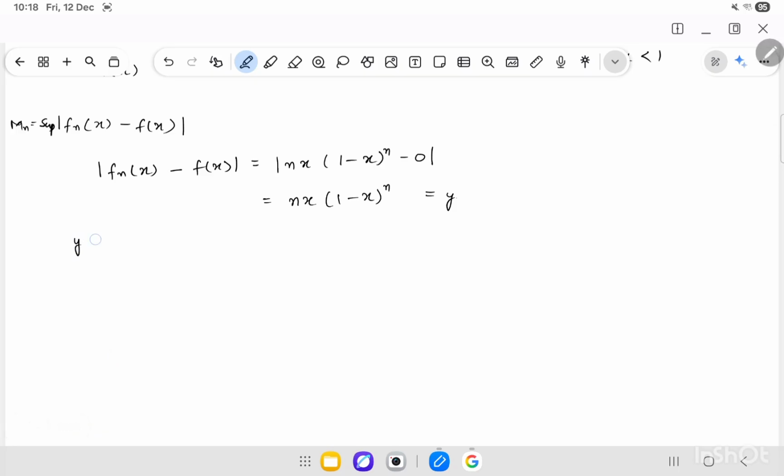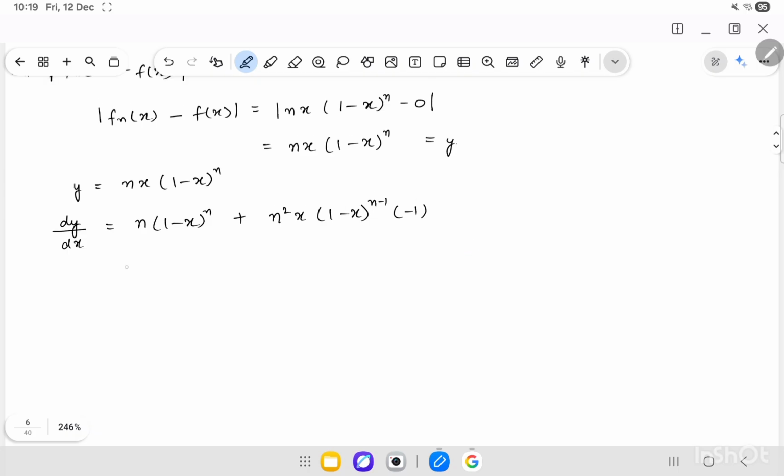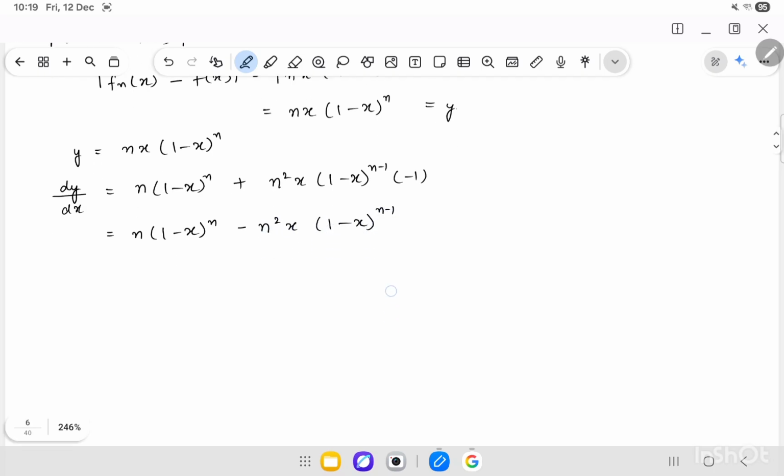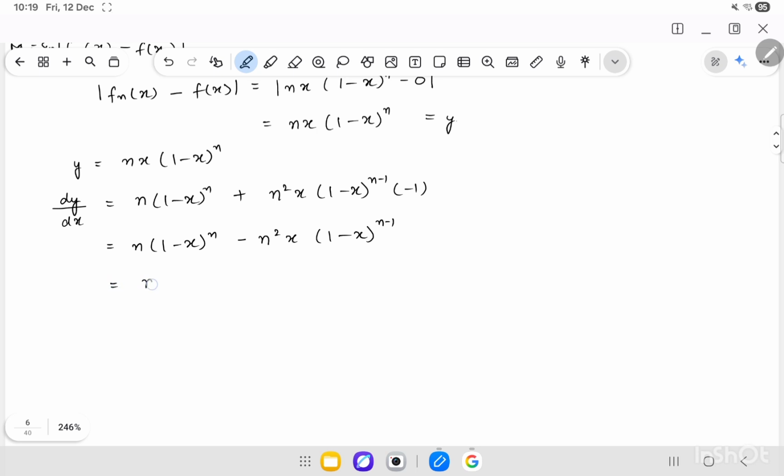So our y is nx(1 minus x)^n, and if I evaluate dy by dx, it will be equal to n(1 minus x)^n plus n square x(1 minus x)^(n minus 1) times minus 1, which will be equal to n(1 minus x)^n minus n square x(1 minus x)^(n minus 1).